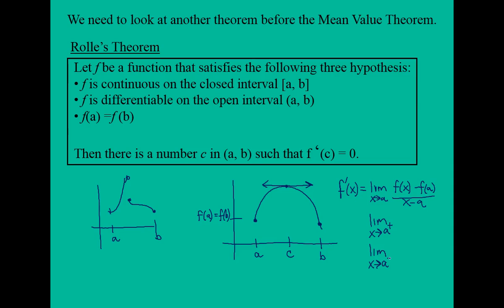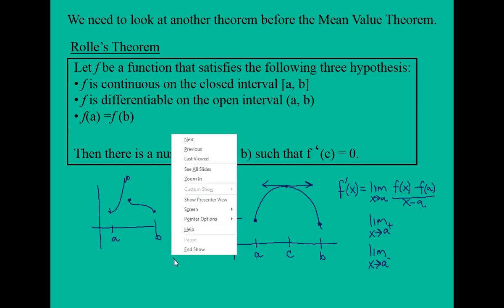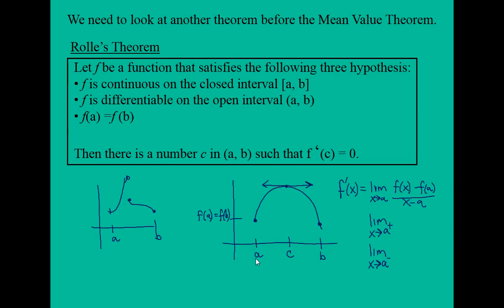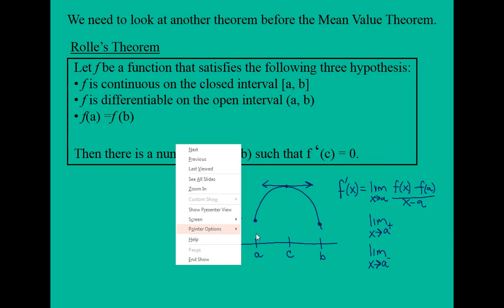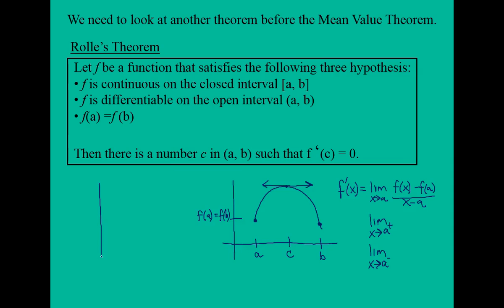And another reason it has to be differentiable on the open interval is, let's say we had a graph that looked like an absolute value graph. If we had something that looked like this.